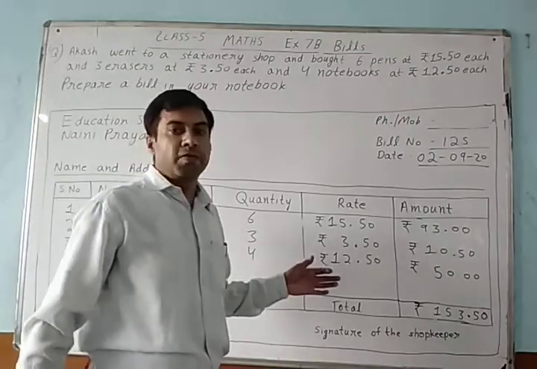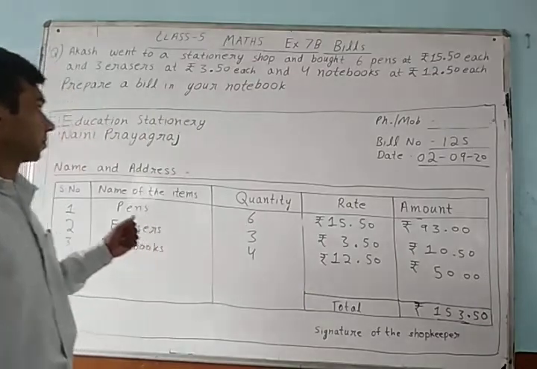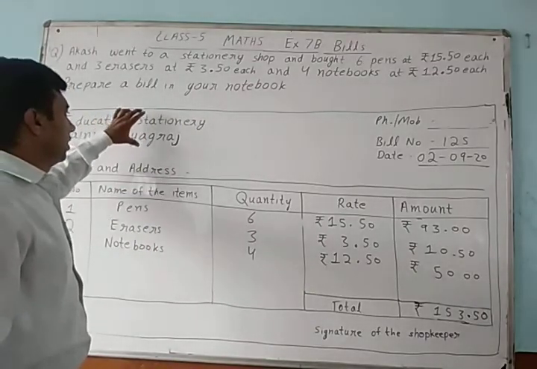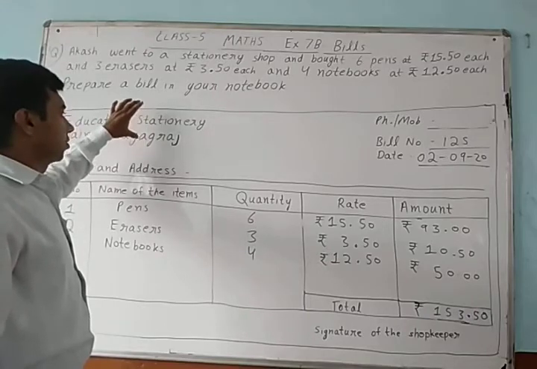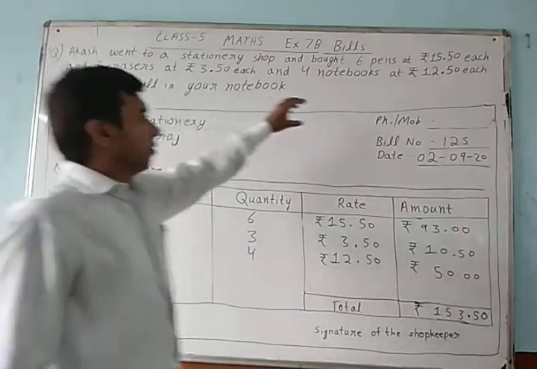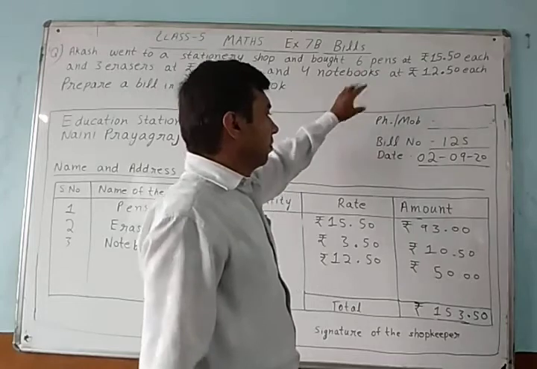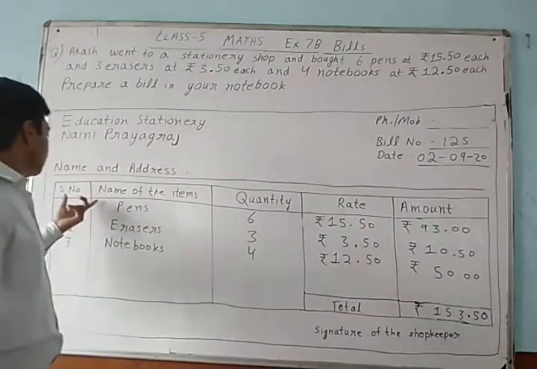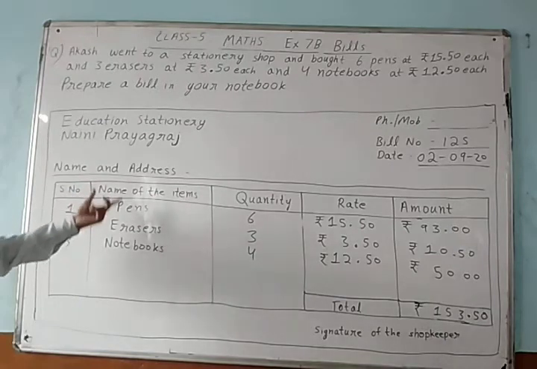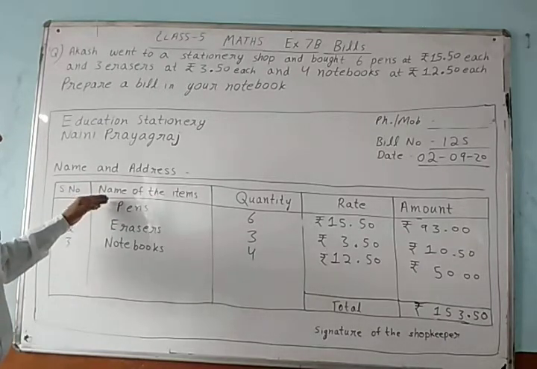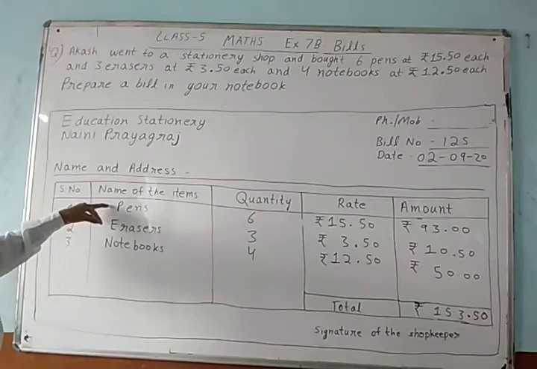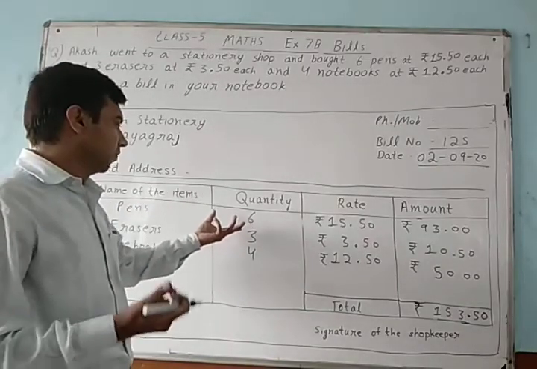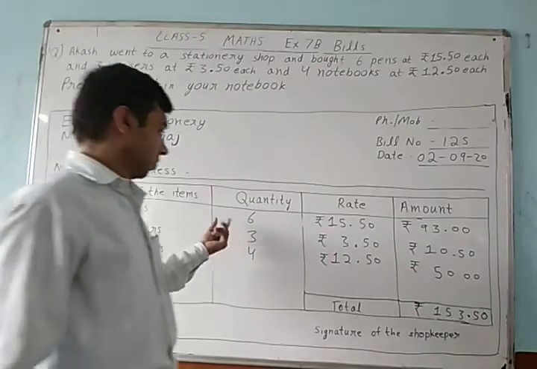So in this way we have to prepare a bill. Once again, what do we have to do? First we have to write the name and address of the shop, phone or mobile number of the shop, bill number, date, and then the names of the items. Like here I have written pen, eraser, notebook. Quantity, how much quantity? Quantity of each item or good.